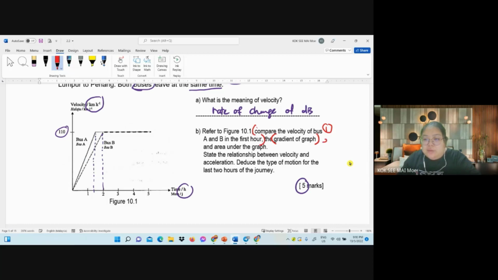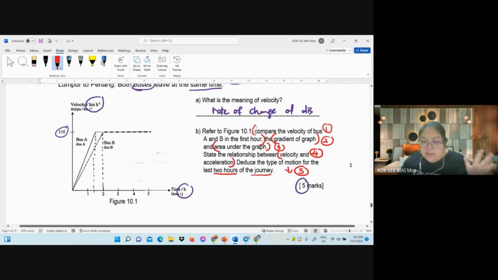Number 3, area under the graph. Means already 3 marks. Now relationship, velocity and acceleration, 4 marks. Last one, deduce the type of motion for the last 2 hours of the journey. What is the motion? 5 marks.